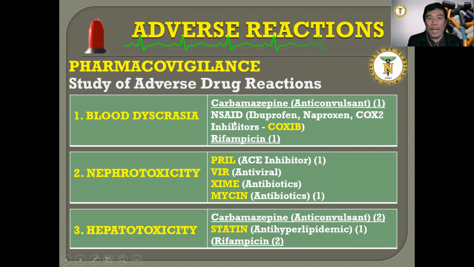After carbamazepine, we have the NSAID. NSAID means non-steroidal anti-inflammatory drug. These are for pain relief, which can also be associated with steroids. But the difference is that these are drugs that are non-steroidal.